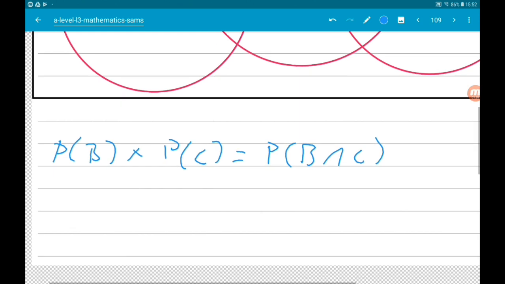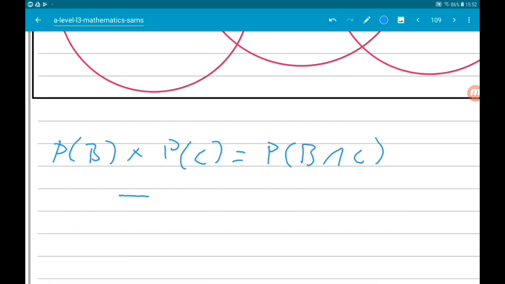So that means the probability of their intersection is 0.45 times 0.2.